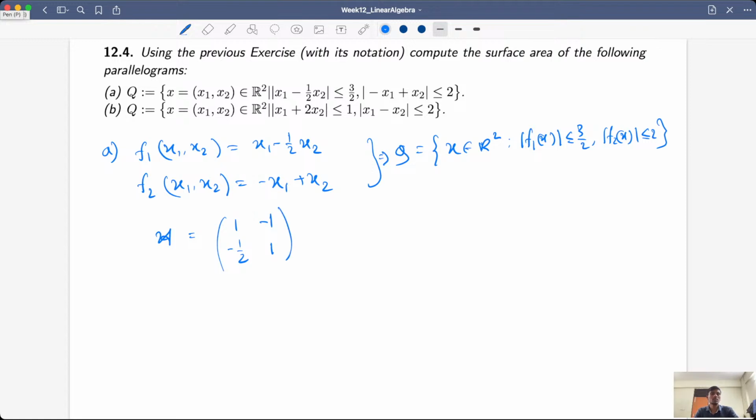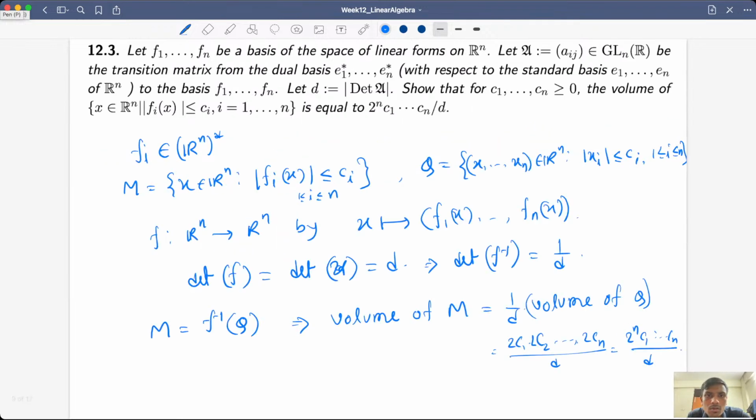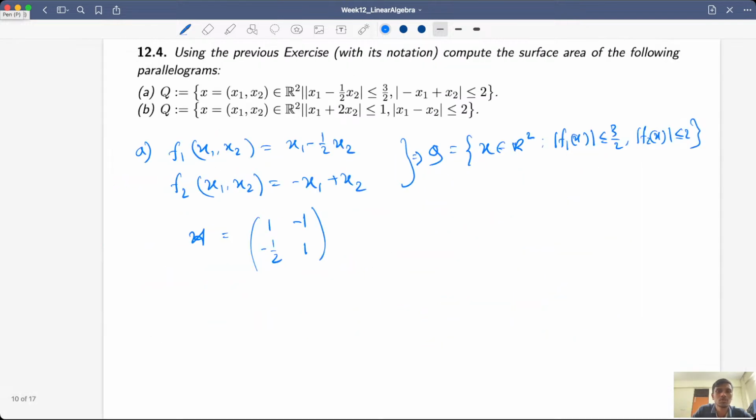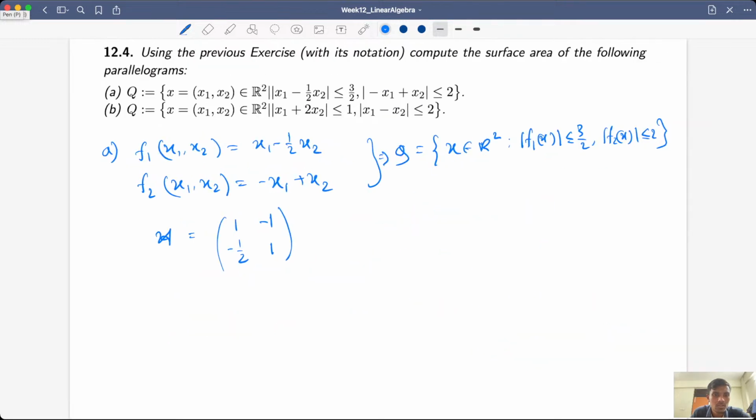The determinant of this thing, D, is equal to half.